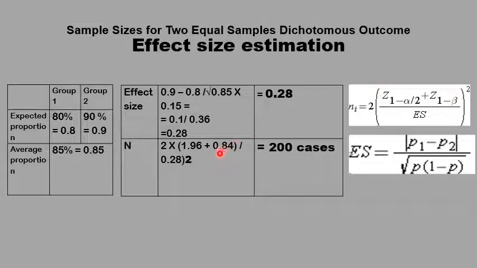This will be 0.84, and the level of significance z-score will be 1.96, divided by the calculated effect size, which was 0.28, all squared and multiplied by 2. This will give you 200 cases are required for a sample size in each group.